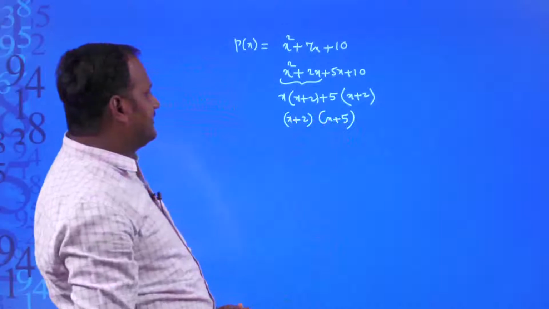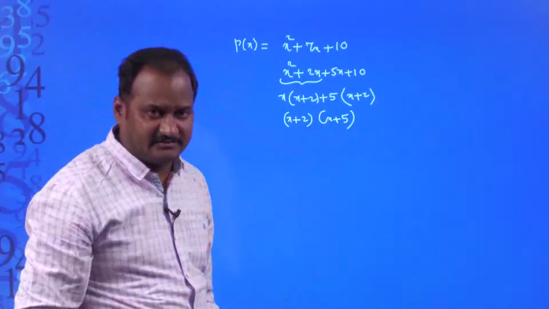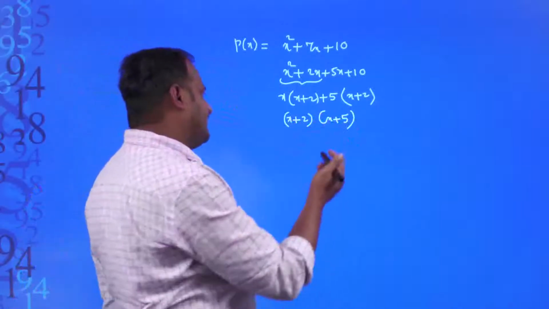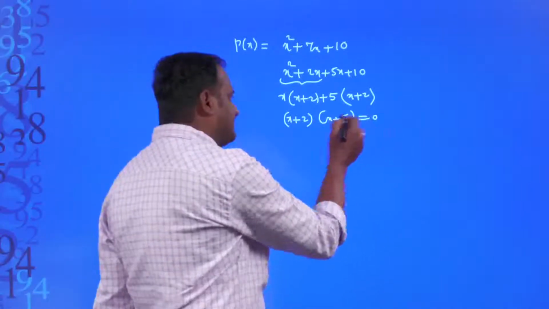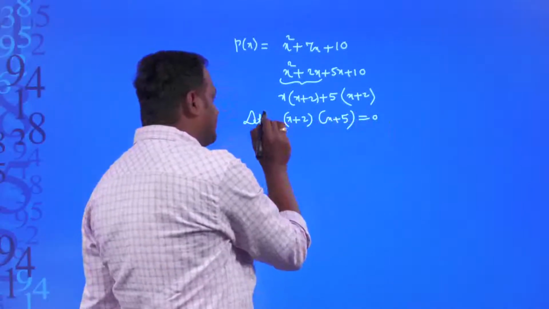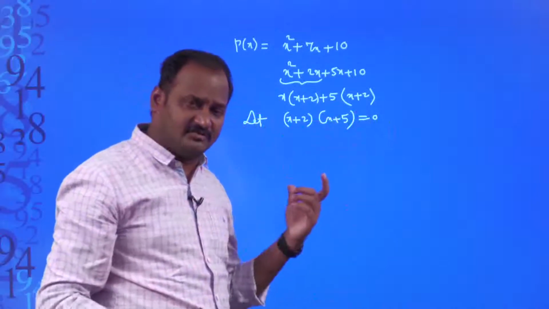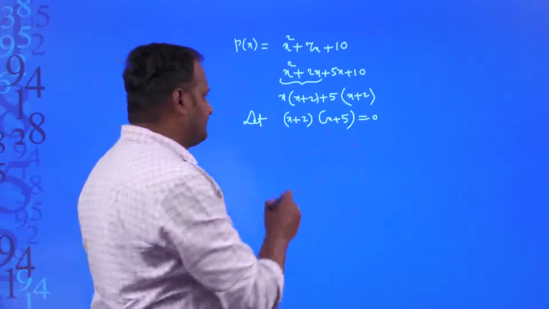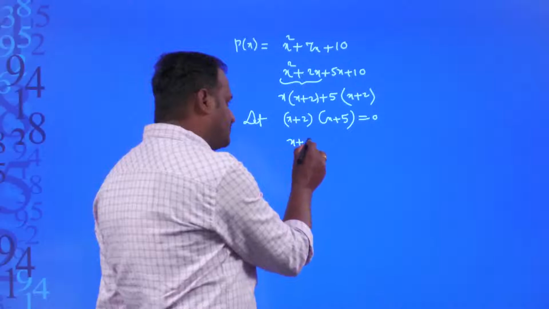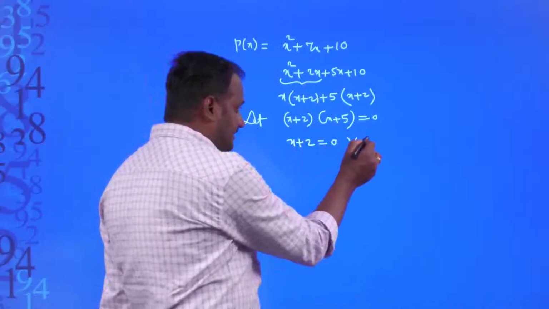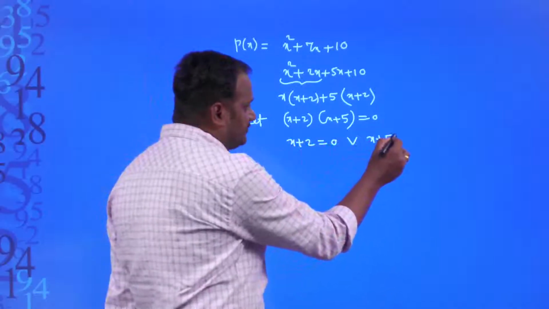I can understand now what the zeros of the polynomial are. To obtain zeros of the polynomial, you equate it with 0. The product of two terms is equal to 0, so either the first term is equal to 0 or the second term is equal to 0, meaning x plus 2 is equal to 0, otherwise x plus 5 is equal to 0.